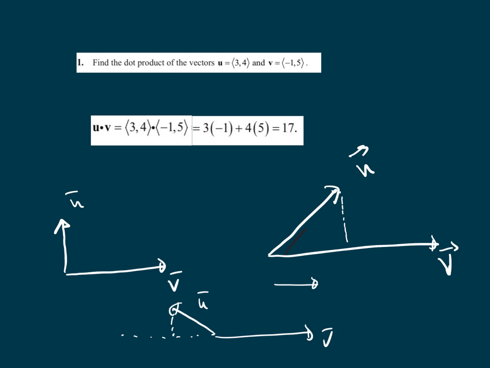So this will produce u dot v negative. This will produce u dot v positive. And this will produce u dot v zero. And the problem is solved.